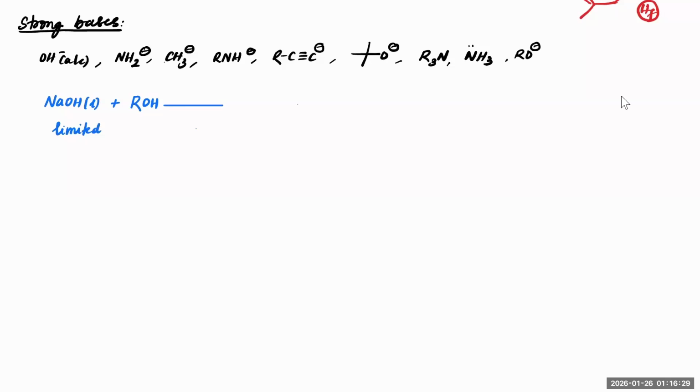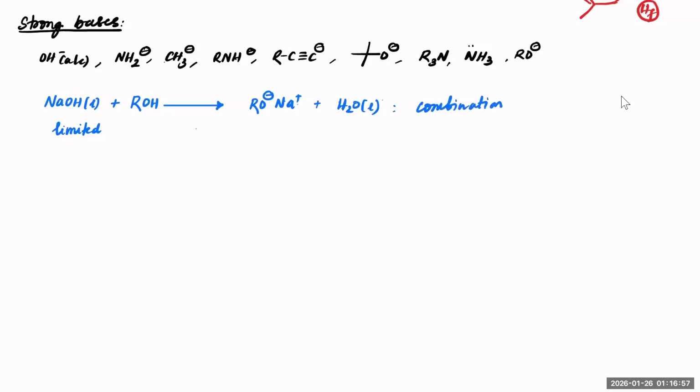So in that case, the OH minus from here can take H plus and convert into a solution which will have RO minus Na plus and H2O liquid. Now, the combination of RO minus and OH minus together will make it a strong base.